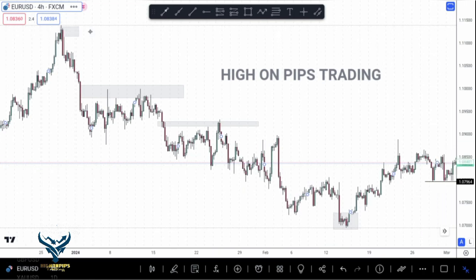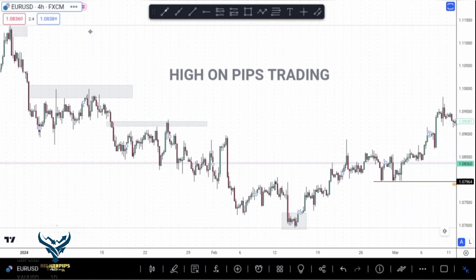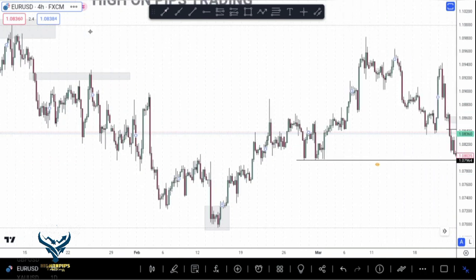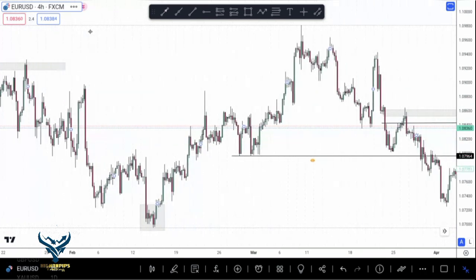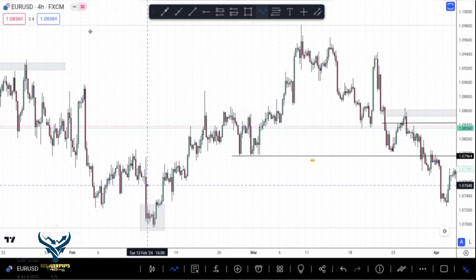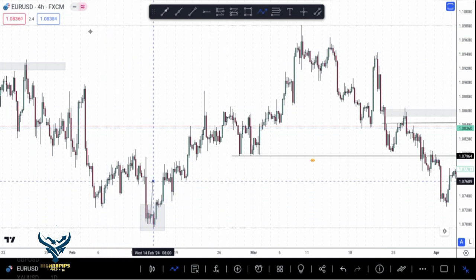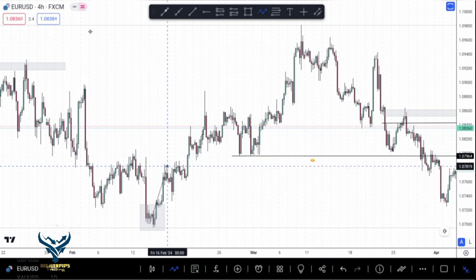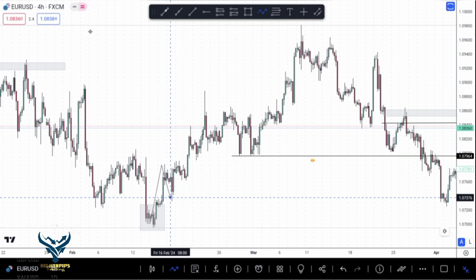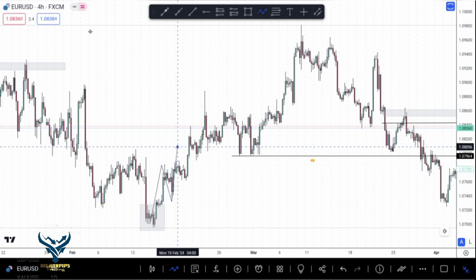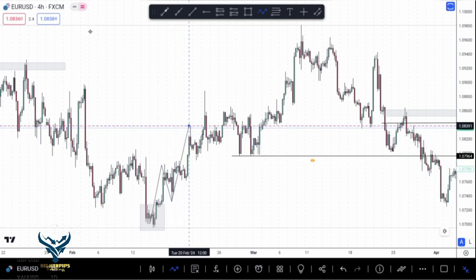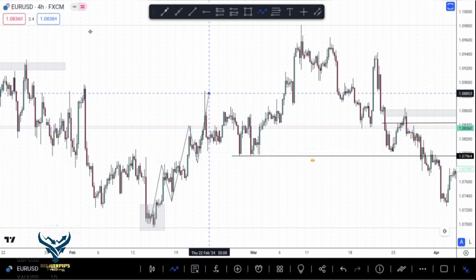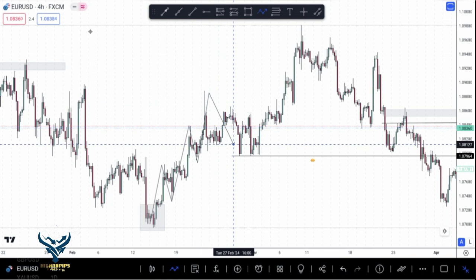Now after that, let's talk about an uptrend or a buying trend, which is the opposite, right? Here is a buying trend. From this low, the market did this, created this high, came down, up, down, up, down, continuously like that.